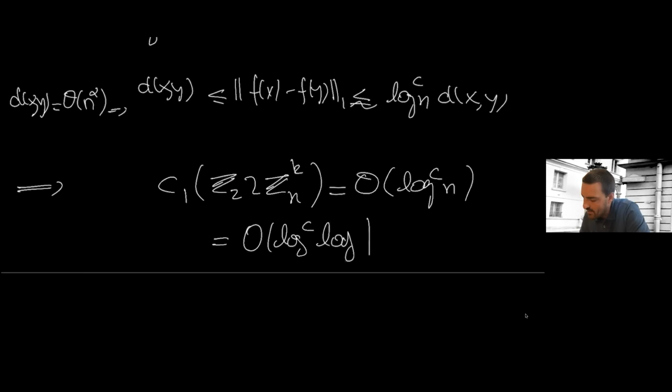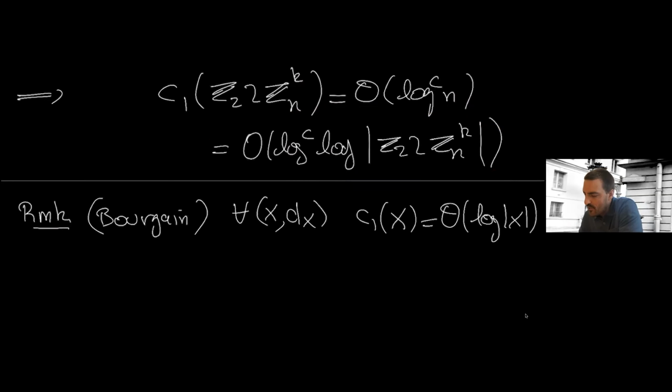Okay. So this is a bound that you get for every metric space. And the bound here is actually an exponential improvement over Bourgain's general bound. So you have a doubly logarithmic bound on the number of points. Okay. So for the toric Lamplighter groups, you have this improvement over Bourgain's general bound.